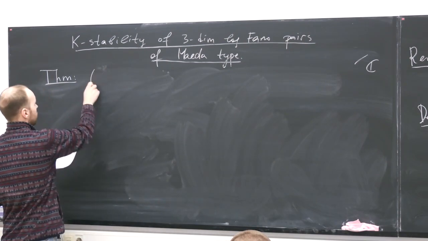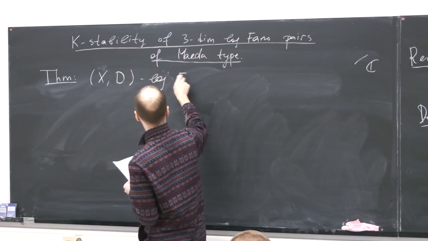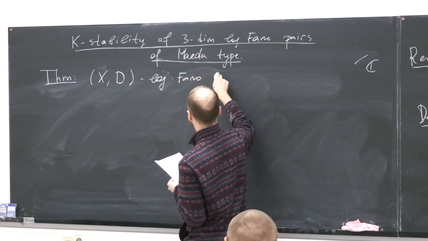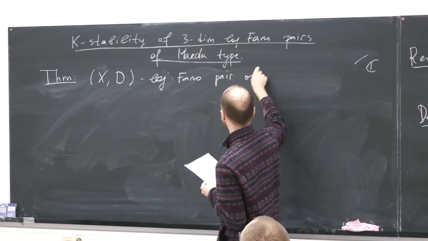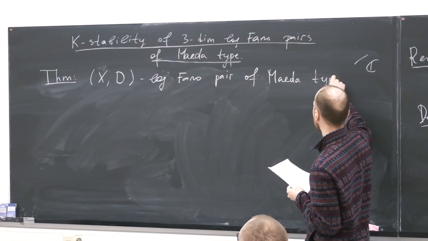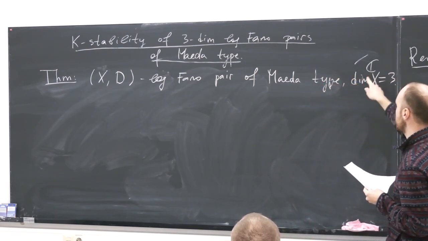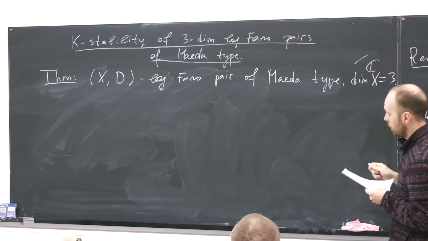So assume that (X, D) is a log Fano pair of Maeda type, where the dimension of X is equal to 3. Okay?